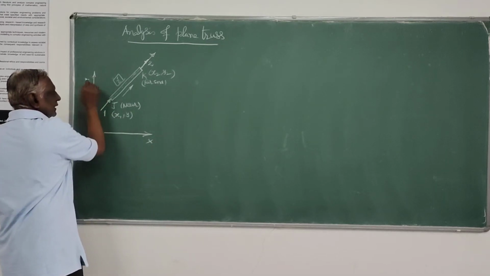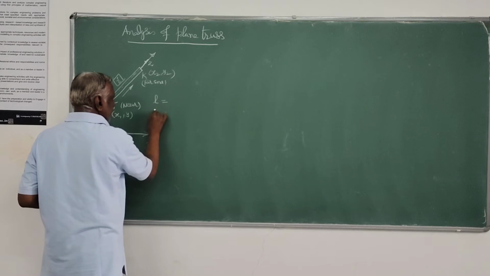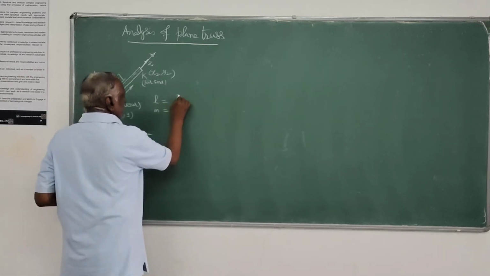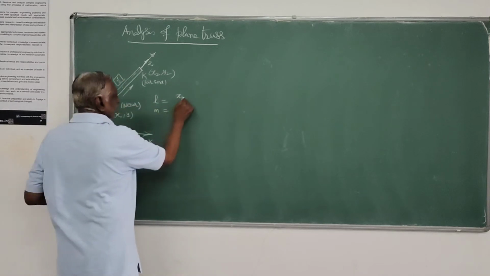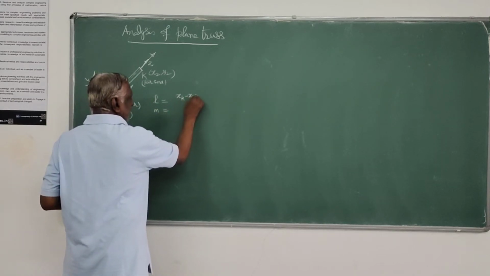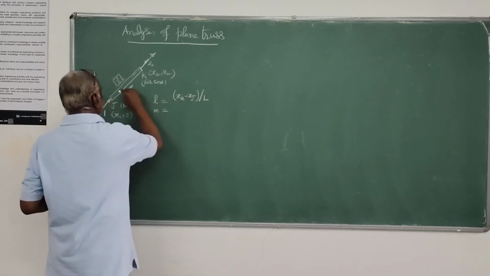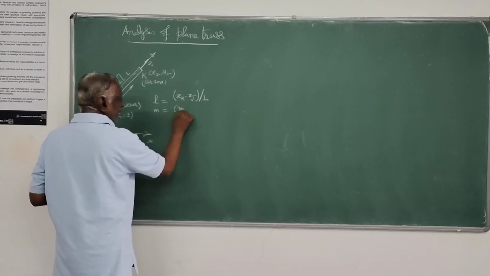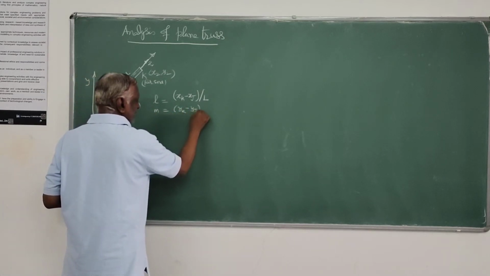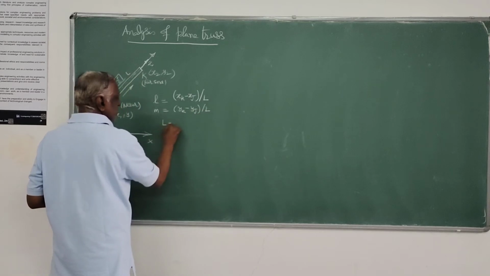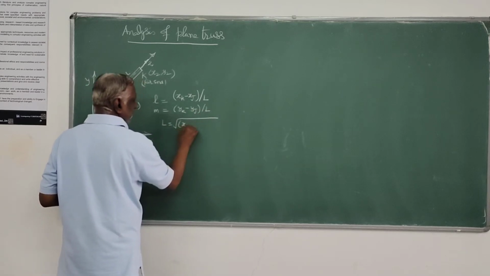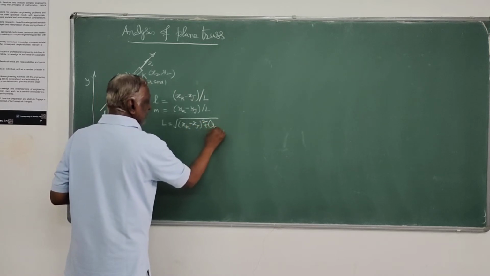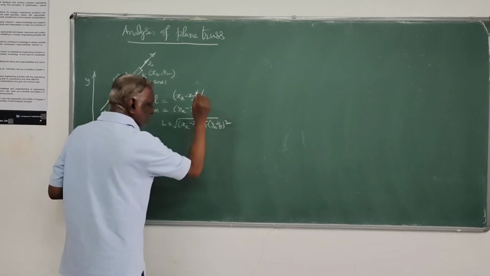Having defined that, the direction cosine l is defined as xk minus xj divided by L, where L is the length of the member, and the other direction cosine m is yk minus yj divided by L, and this L is nothing but the square root of (xk minus xj) whole square plus (yk minus yj) whole square.